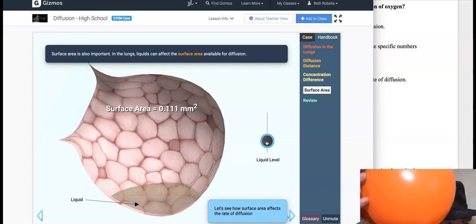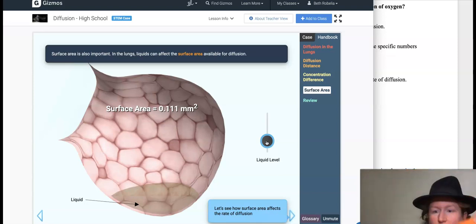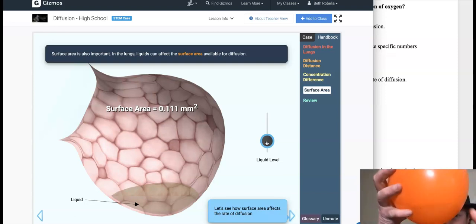You can just see it right here. And I pass some light through that. You can see that the light goes right through most of the balloon, but it's having a hard time going through the water part down here. And oxygen has the same difficulty. Oxygen can pass through the walls of the lungs, but it has a harder time going through if there's fluid.